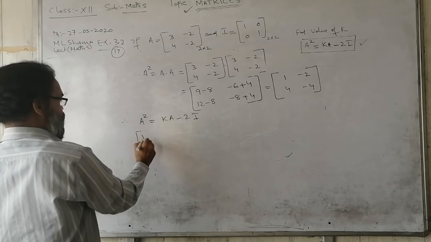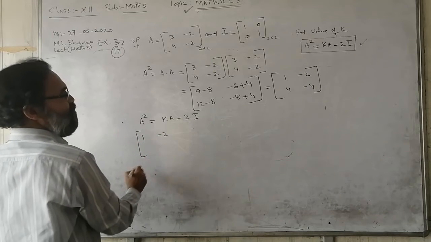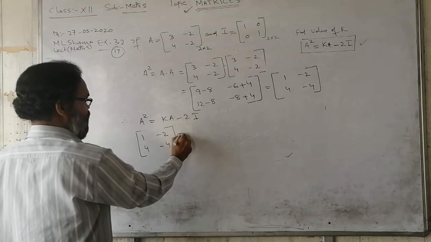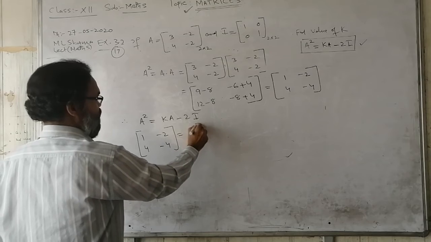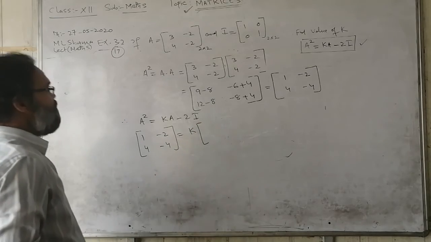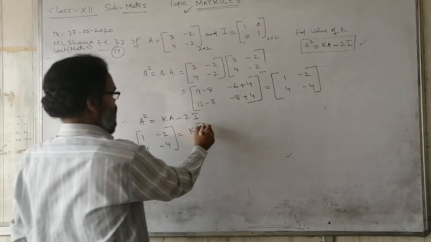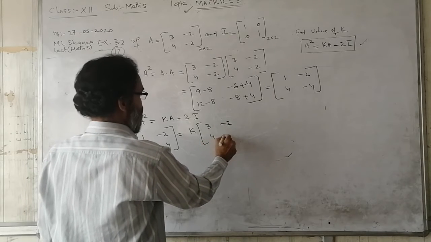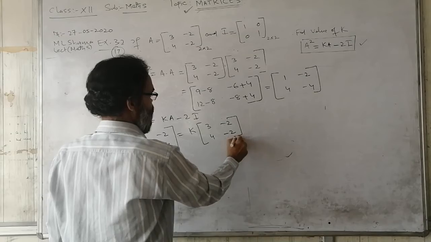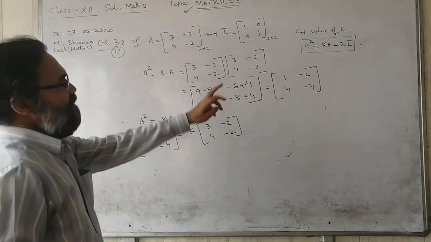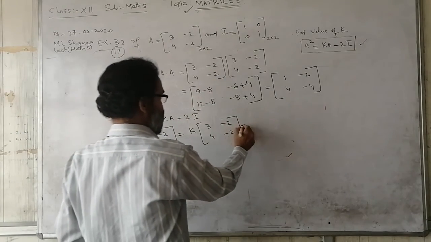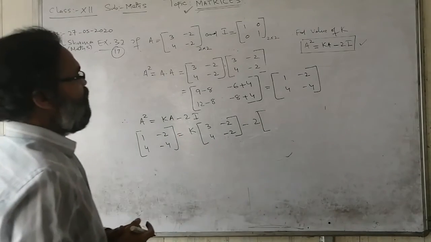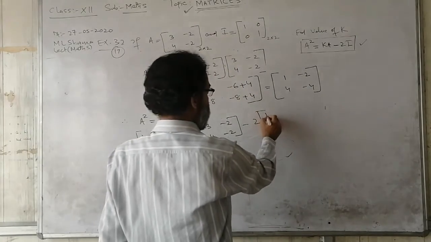So this is 1 minus 2, 4 minus 4 equal to K times the value of matrix A. The value of A is 3 minus 2, 4 minus 2, K into A minus 2 times I. The value of I, the identity matrix, is given.